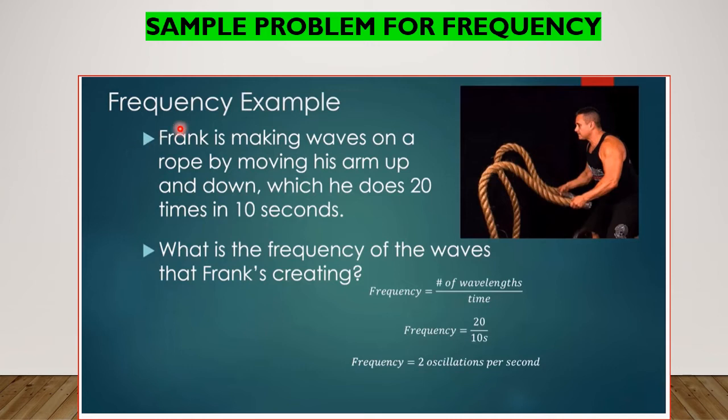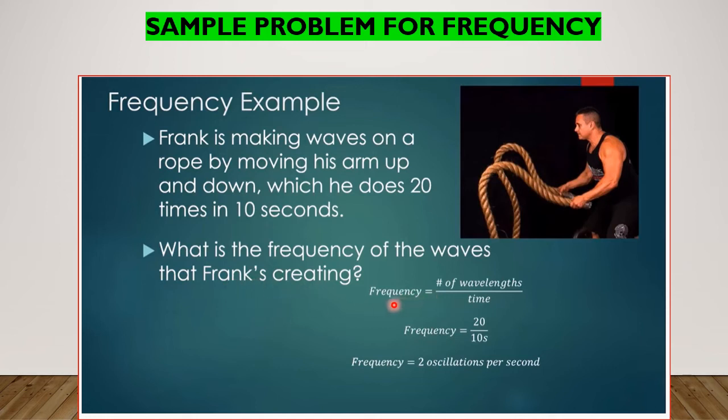Sample problem for frequency. Frank is making waves on a rope by moving his arm up and down, which he does 20 times in 10 seconds. What is the frequency of the waves that Frank is creating?